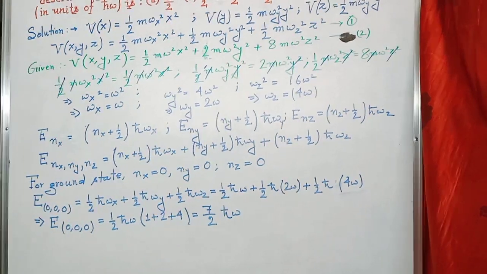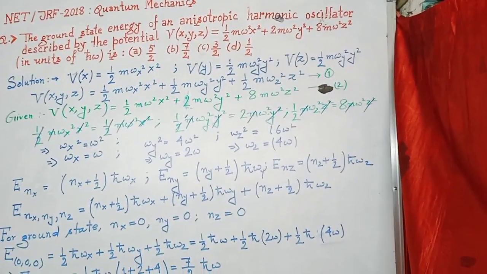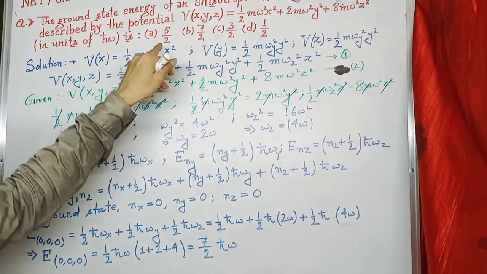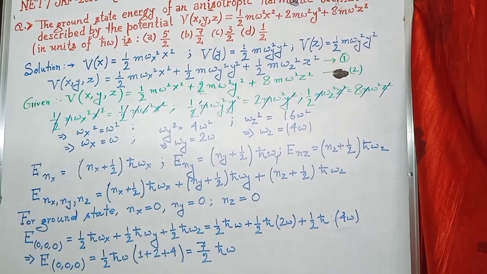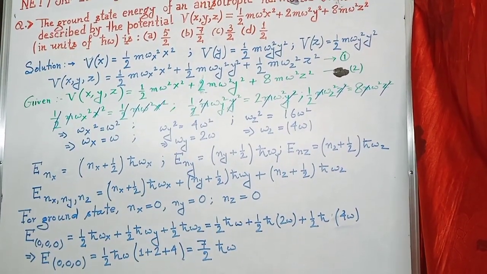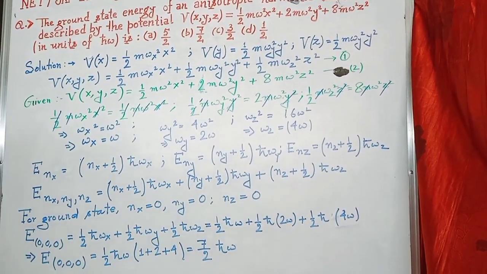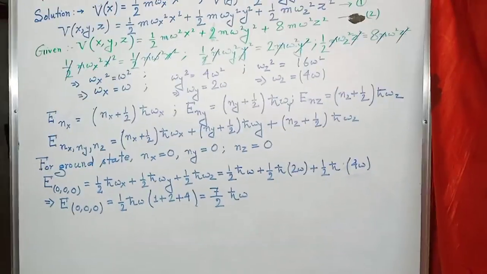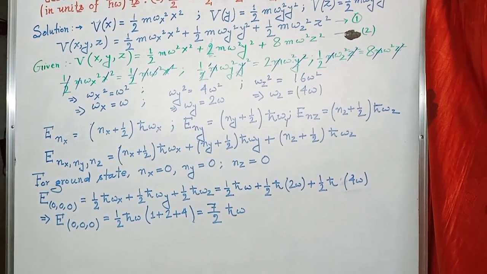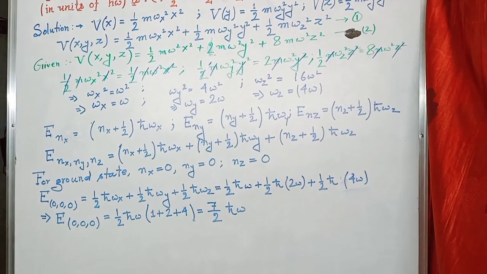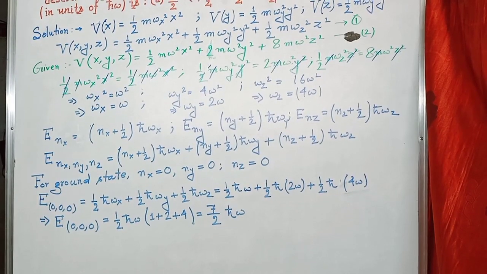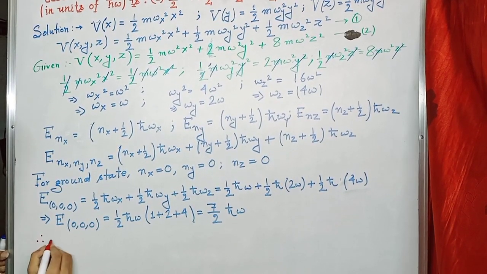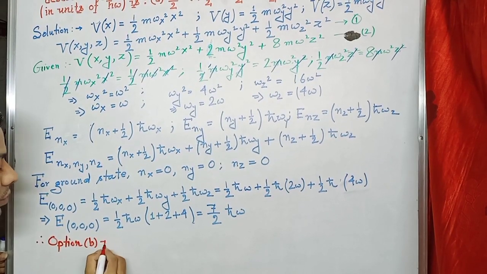Now, as we see, the options given are: option A is 5 divided by 2, option B is 7 divided by 2, option C is 3 divided by 2, and option D is half. Therefore option B, 7 divided by 2, is correct.